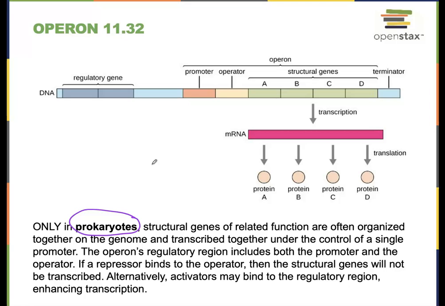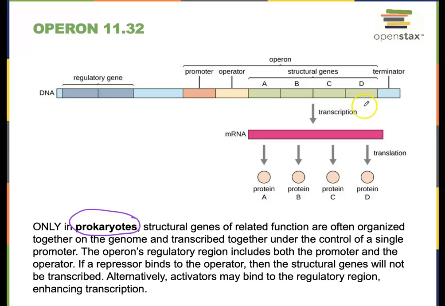Remember when we talked about how there's a lot of non-coding DNA in eukaryotic cells, and genes that are far apart from each other, and they have a promoter region and a terminator region. For bacteria, they want to save space. So all the genes that work together and do the same job are going to be grouped together right next to each other, back to back to back to back.